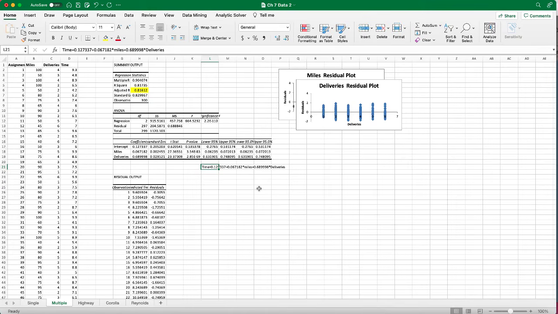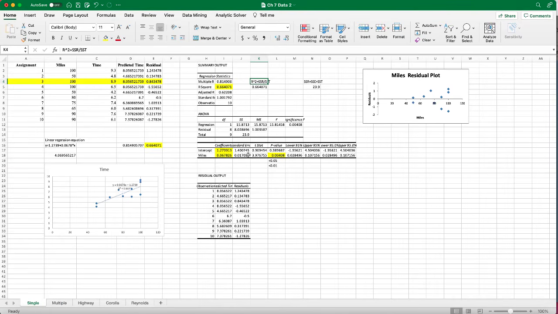What that means is that for each single unit of miles increase, the driving time will increase by 0.067182 hours. So how many minutes is that? Let's take a look. 60 minutes per hour, so that's about 4 minutes. That's about the same as compared to the simple linear regression, which was 0.0678.